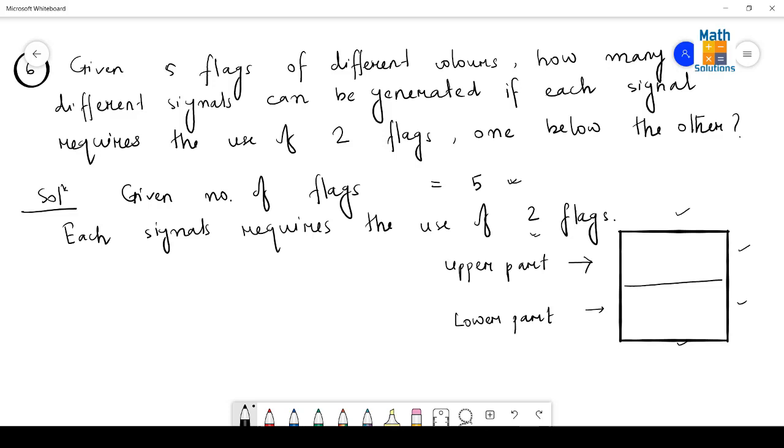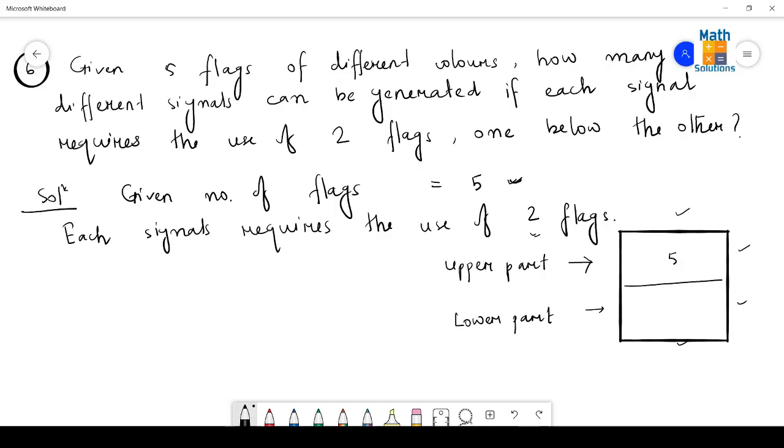So, how many possible ways to fill up the upper part? How many options are there to fill in the upper flag part? Of course, there are 5 options. So, we can put 5 here.